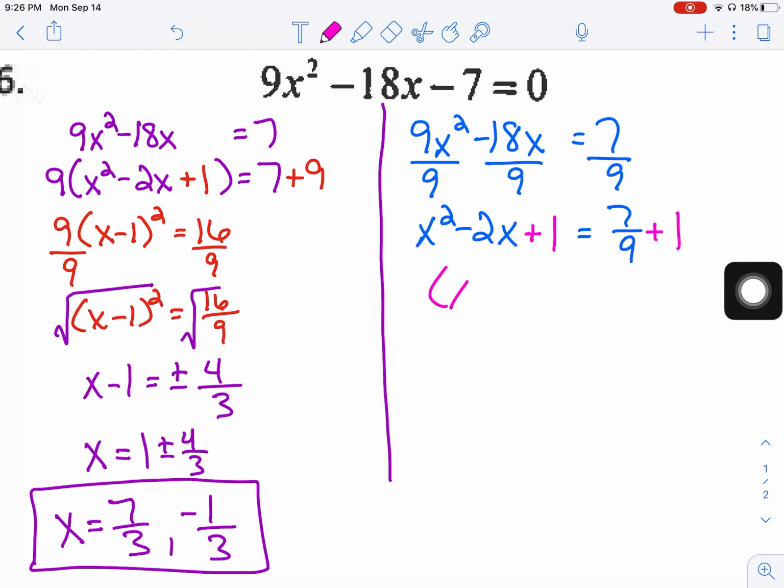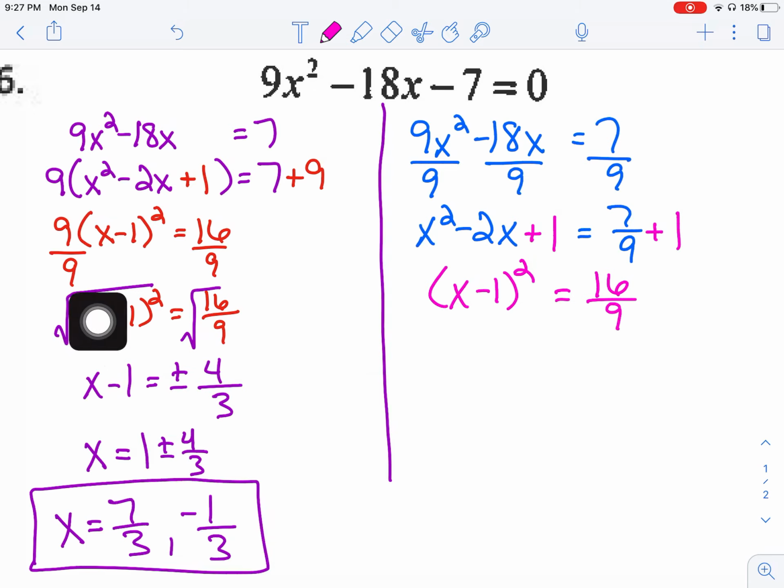I can rewrite that as x minus 1 squared. On the right side, I'm going to take 7 over 9 plus 1, and I get 16 over 9. This should look familiar because this step is exactly what we had here as the last step in red. So the way to solve this from here down is identical, okay?